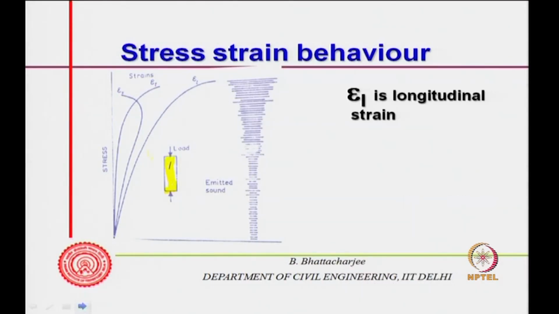Now, this is longitudinal strain, that means strain along this direction, the dimension change. Then this is transverse strain, that means if I measure the strain along this direction, that is transverse strain. And there is volumetric strain, because volume changes: the change in volume divided by the original volume.